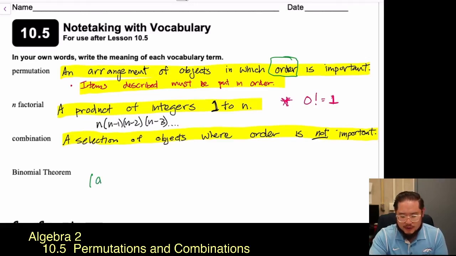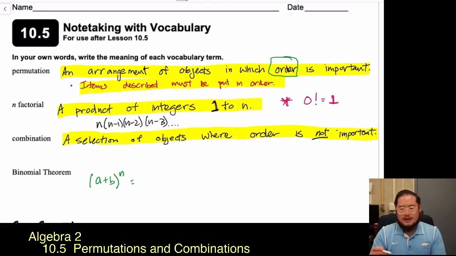We had a plus b, this binomial, raised to the n power, and we had to expand that out. With the help of Pascal's triangle, we found what the coefficients are. If it was a plus b to the 5th power, we knew we had a certain number of terms, and how we found the coefficients there.